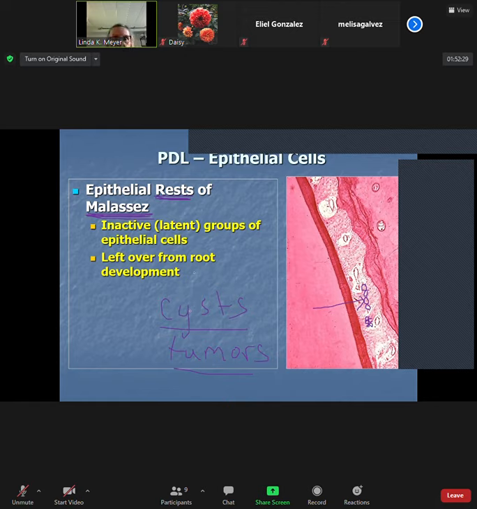Anybody? Is it alveolar bone and cementum? Okay, could you just say that a little louder, please? Is it alveolar bone and cementum?